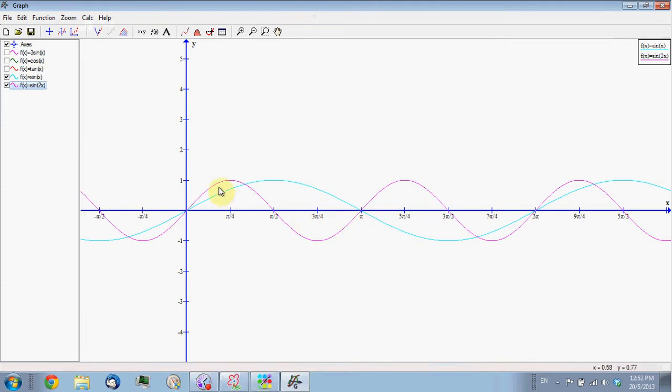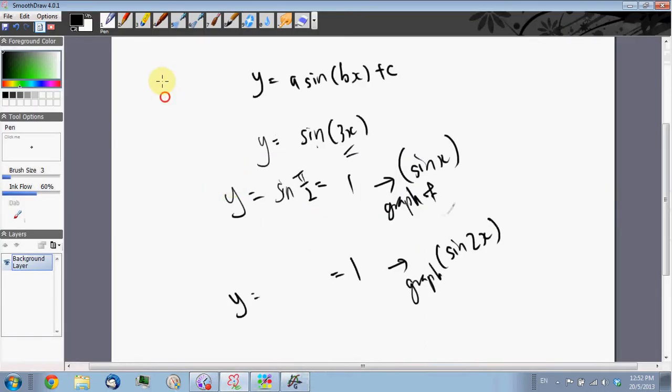Because now it's sine of 2 times something, before we only needed pi over 2. But now, to get sine equal to 1, what's inside must still be pi over 2, so because there's a 2 inside, we must make x even smaller, which is pi over 4, so that we can get the same value of 1.